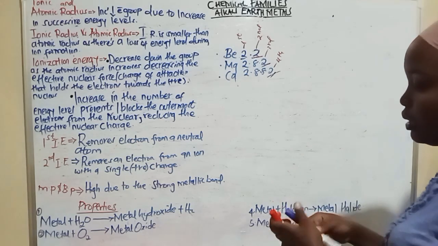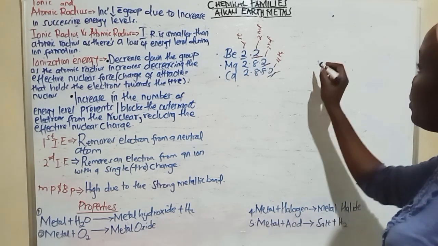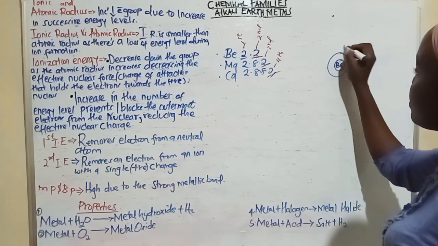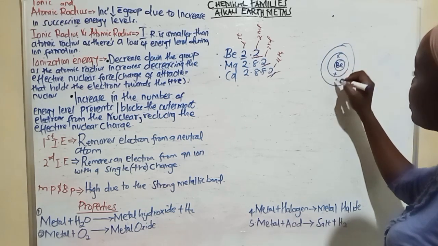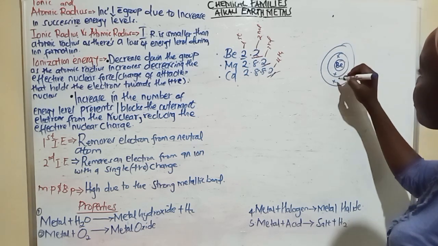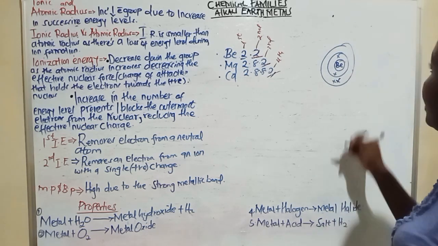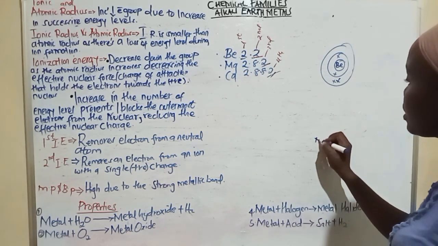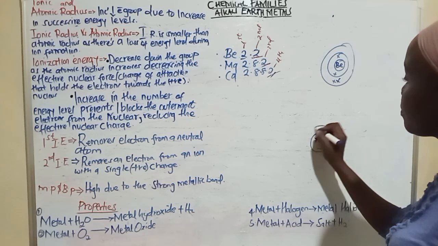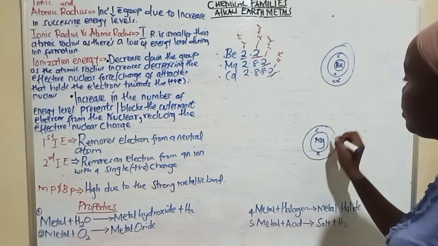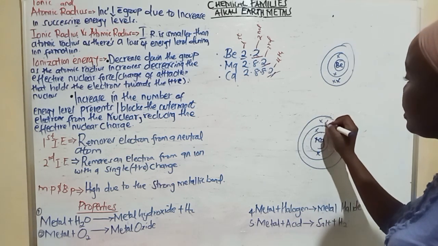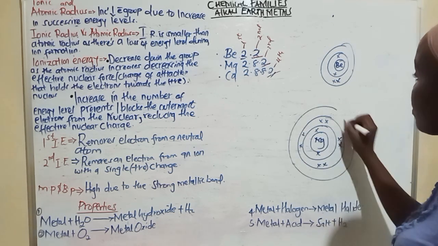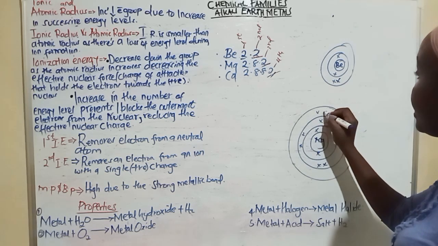So let me draw here one. For example, we're going to draw for beryllium. We have 2 energy levels with 2 electrons. And then let us draw magnesium in this case. We have magnesium, the first energy level, the second energy level here, and the third energy level.